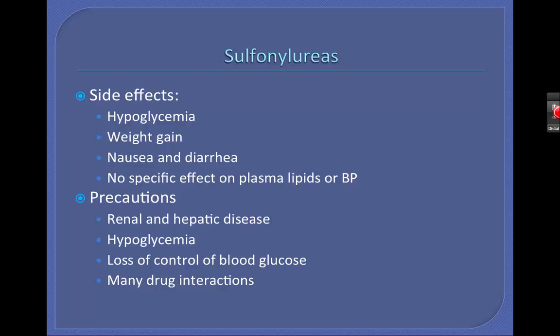If patients are drinking alcohol, they're at increased risk for hypoglycemia. Also, if they're taking nonsteroidals, salicylates, sulfonamides, chloramphenicol, MAOs, beta blockers, or insulin, you shouldn't really prescribe sulfonylurea and insulin together.